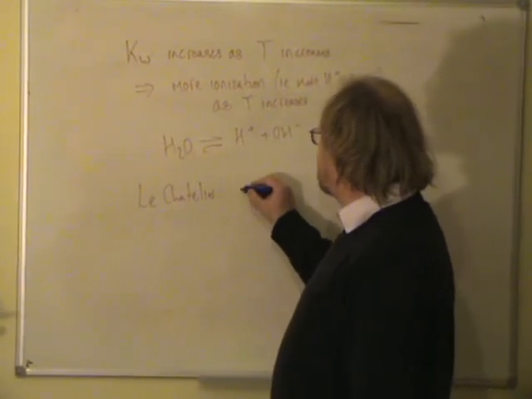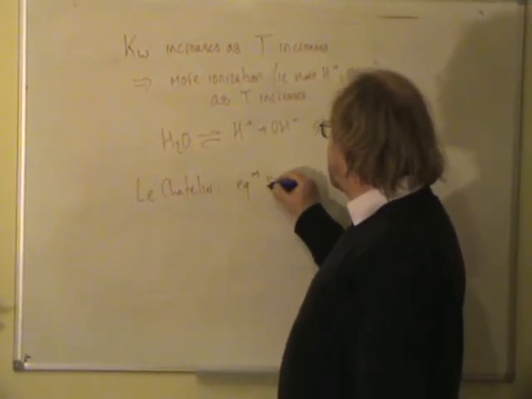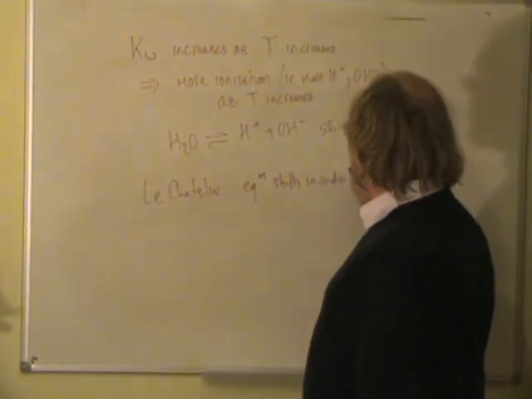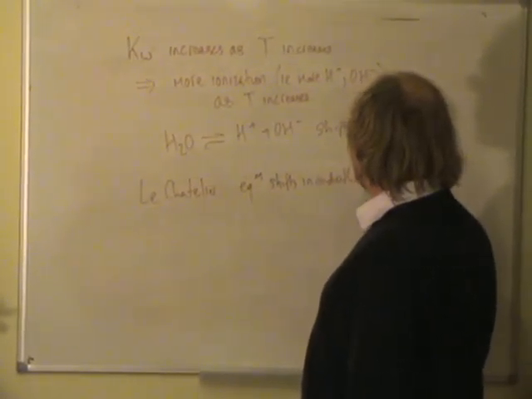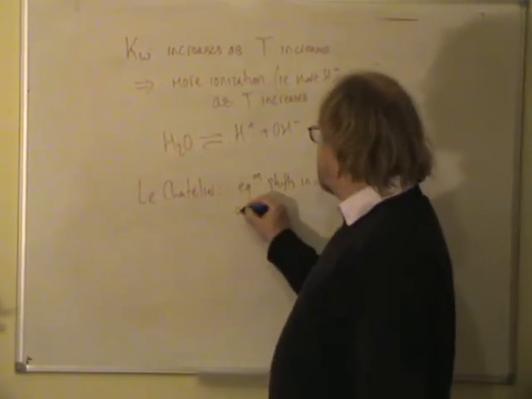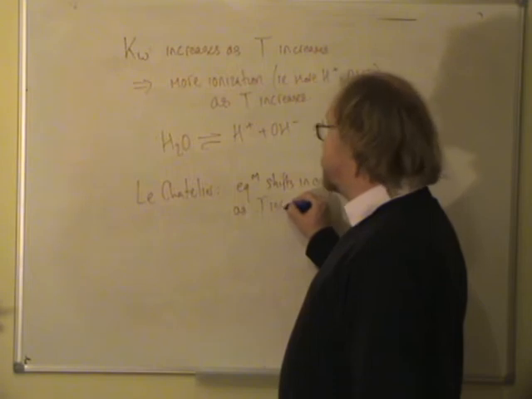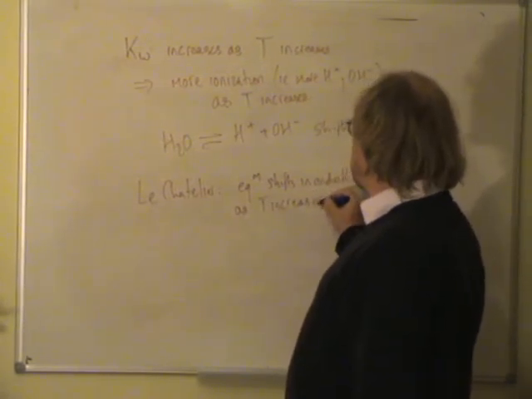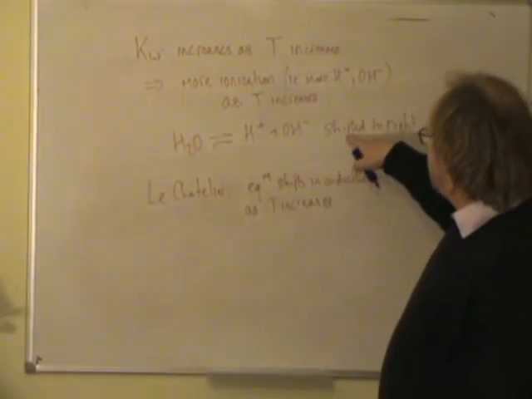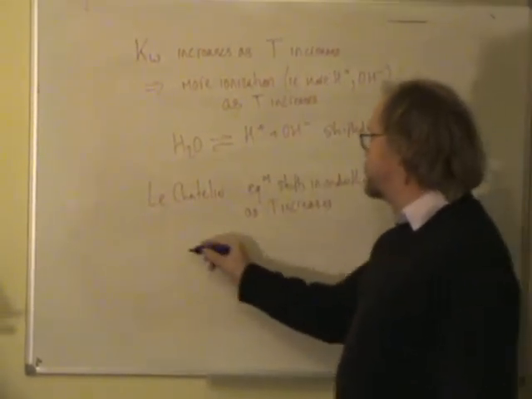So Le Chatelier says that the equilibrium shifts in endothermic direction as the temperature increases. And if you put those two ideas together, you can see that shifting to the right is the endothermic direction.